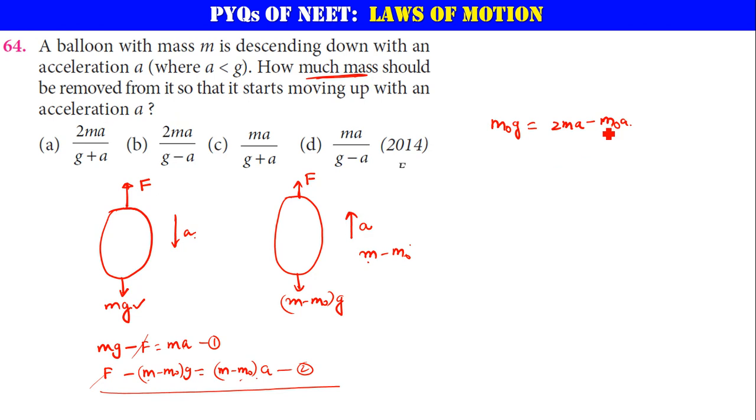Let us take m naught a to this side, then I will get m naught into g plus a is equal to 2ma. So m naught is equal to 2ma by g plus a. That is the answer. The correct option is 2ma by g plus a.